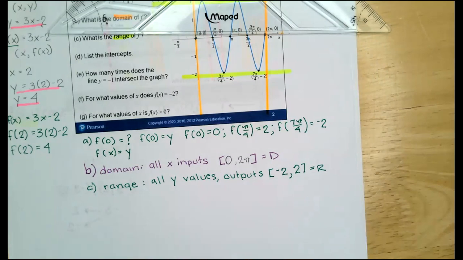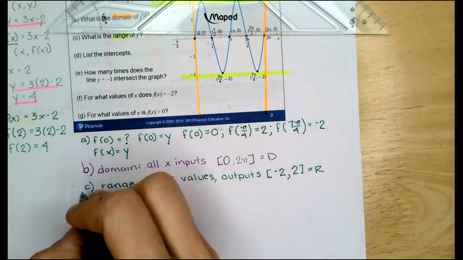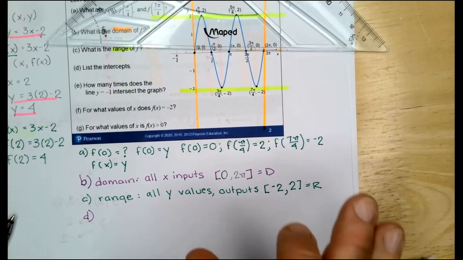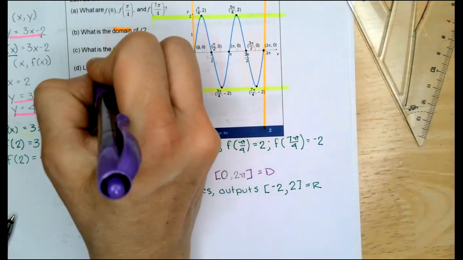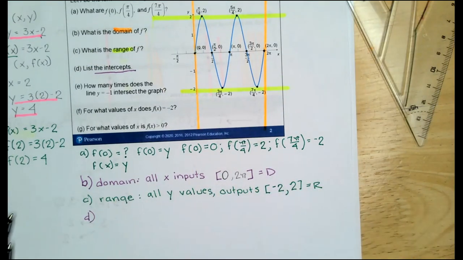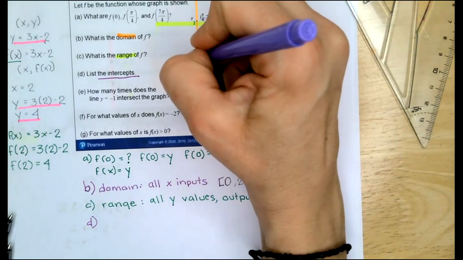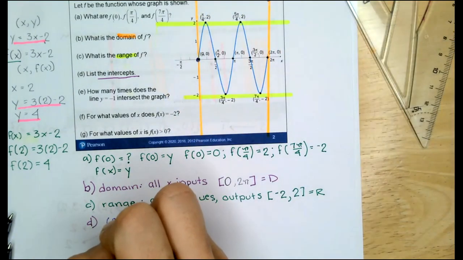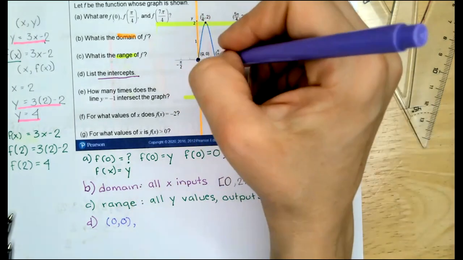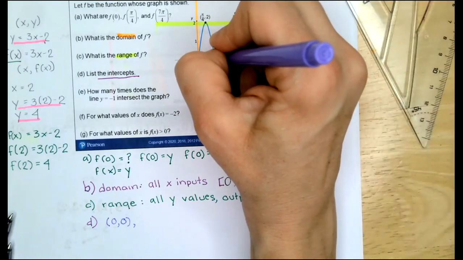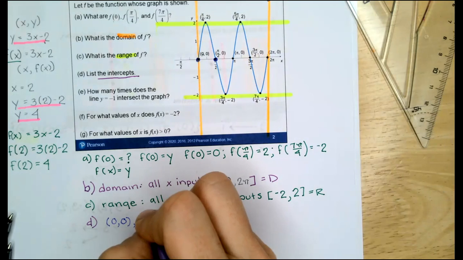Okay, D asks us to list intercepts. We have had some practice with intercepts. When they just say the intercepts, they mean both x and y. You can just mark them on your graph. What are my intercepts? It intercepts y at only 0, 0. It intercepts the x-axis at 1, 2, 3, 4 other places. So it intercepts x at pi over 2, 0.